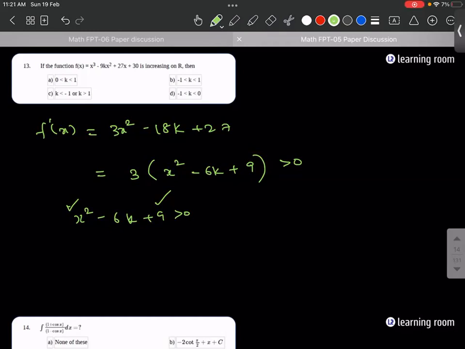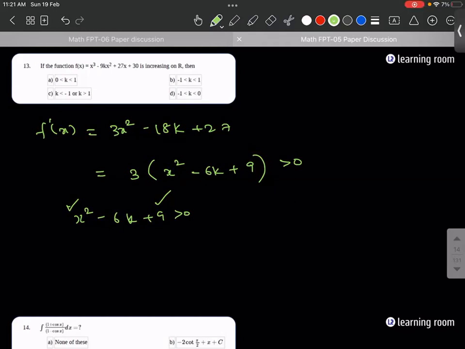You mean to say you will equate it to 0 and then proceed? Sir, I just found the critical points. How did you find the critical point? I think I took the discriminant. Not sure, sir.